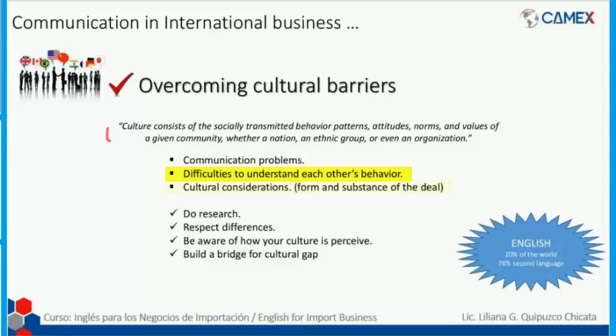Another one is cultural considerations, in this case, in form and substance of the deal. So, in this case, it means that maybe you can meet halfway. How can we say this? I don't know if you have eaten before in KFC, Kentucky Fried Chicken?